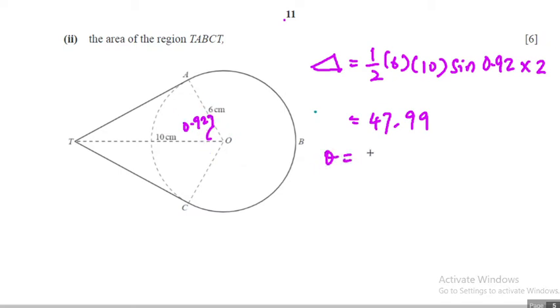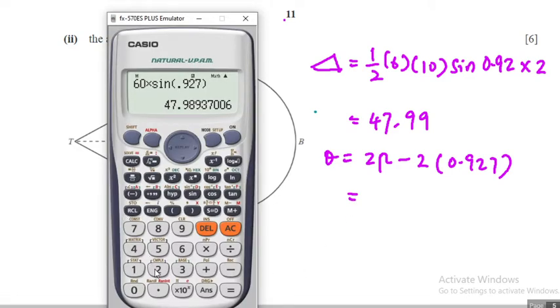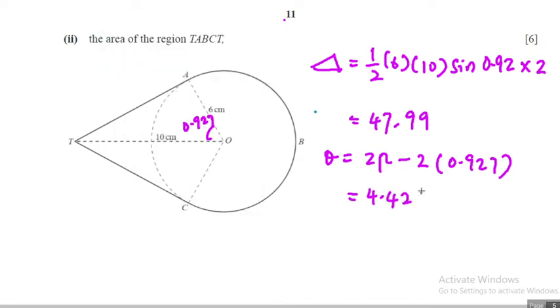So I will find my angle first. Theta will be 2 pi minus 2 times 0.927. We just press the calculator: 2 pi minus 2 times 0.927, and we get 4.429. So with that, we have this angle already.